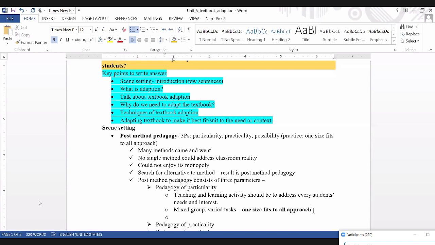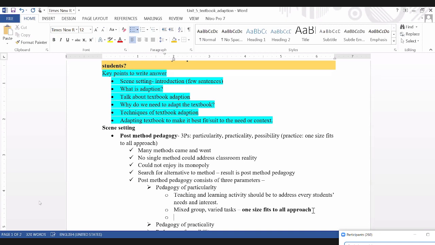So designing one simple task and using that task for all students cannot be useful and relevant in the mixed group. So what we have to understand is, in every English class there is diversity, a mixed group of students, mixed in the sense that they have different learning styles, pace of learning, experience, interest, needs, expectations.